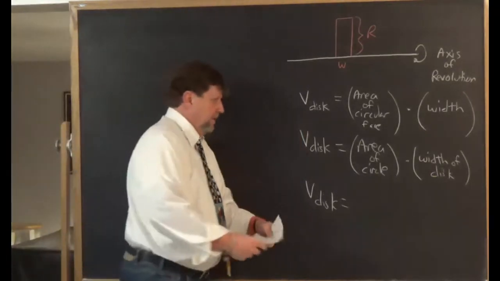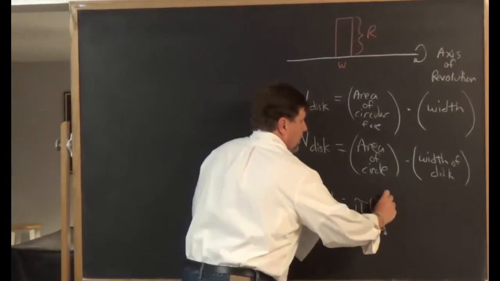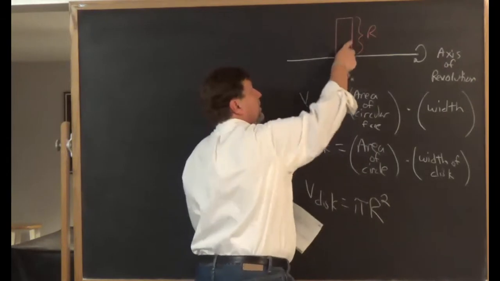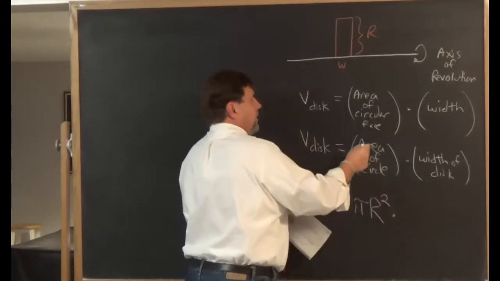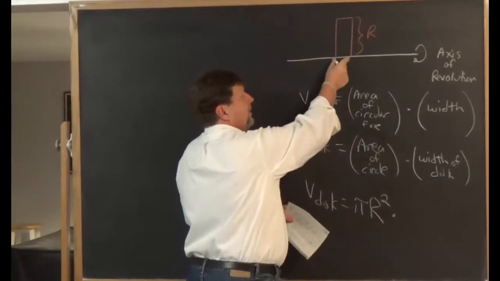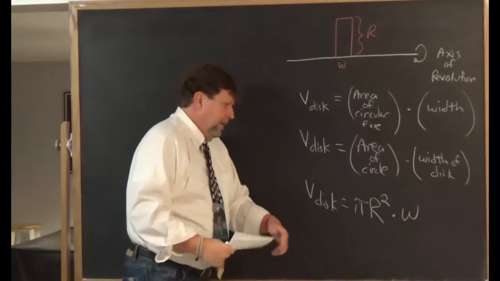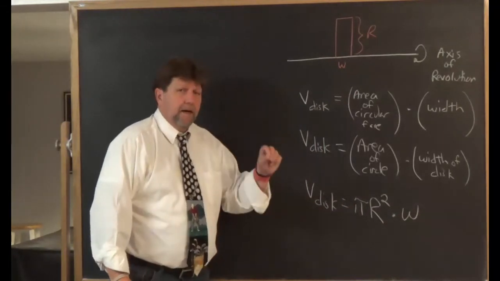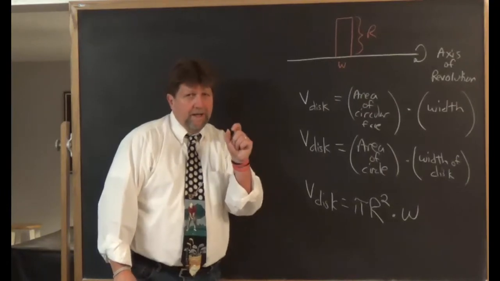Yeah. So it's pi R squared, big R squared, times the thickness or the width of the disk, which is just W. So that's the volume of a single disk, just one disk.